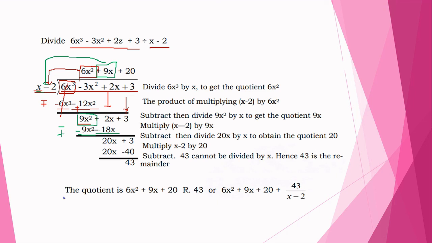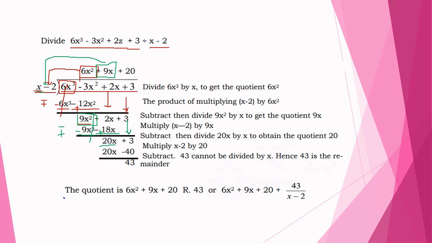From negative 18, it will become positive 18. Okay, so let us simplify. 9x squared minus 9x squared is 0. Positive 2x plus positive 18x is like sign. Add and copy the sign, we have 20x. Then bring down positive 3.